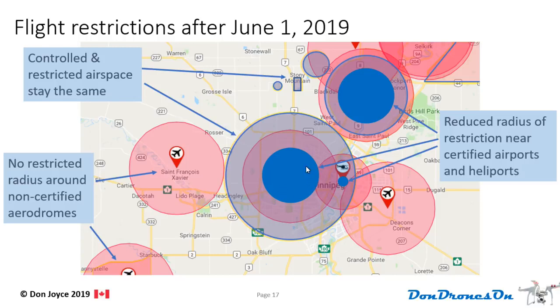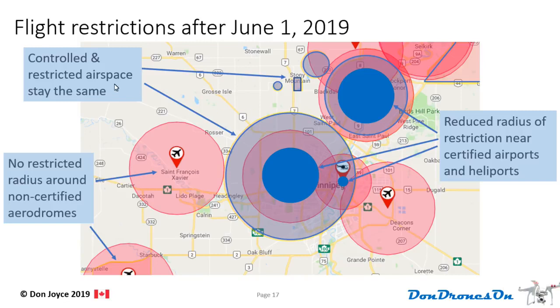In the case of the 2 major airports that are listed here, the radius of restriction, in this little note here, is very much reduced from 5 nautical miles to 3 nautical miles in radius, and the heliport goes down from 3 nautical miles to 1 nautical mile. I don't guarantee that these circles are to scale, I just drew them by hand, these blue ones, but you can see the idea. It's very much less restricted area.